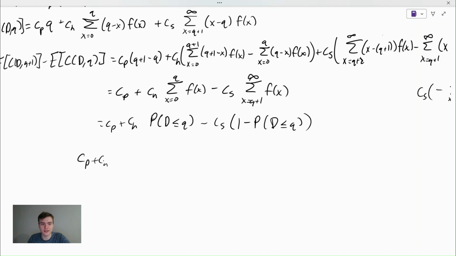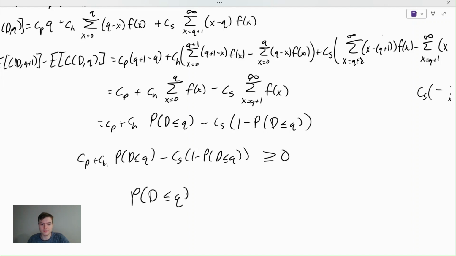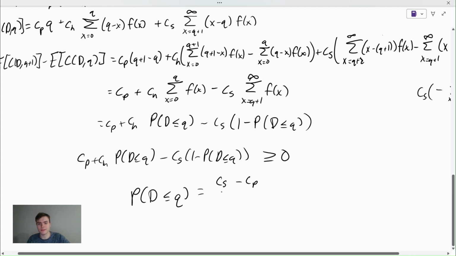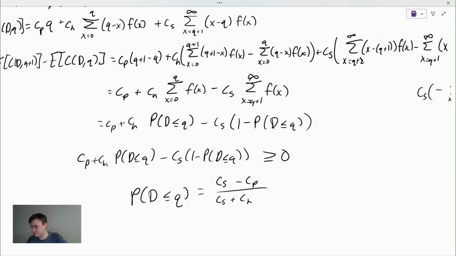Cp plus Ch probability D less than or equal to Q minus Cs 1 minus probability D less than or equal to Q greater than or equal to 0. If you do the algebra, it's going to come out to probability D less than or equal to Q equals Cs minus Ch, Cp over Cs plus Ch. And that's the important result, right?